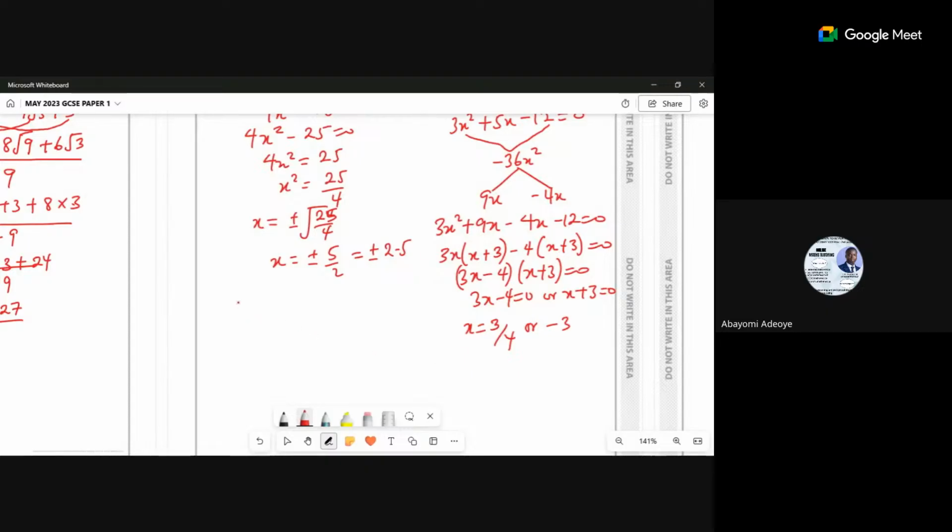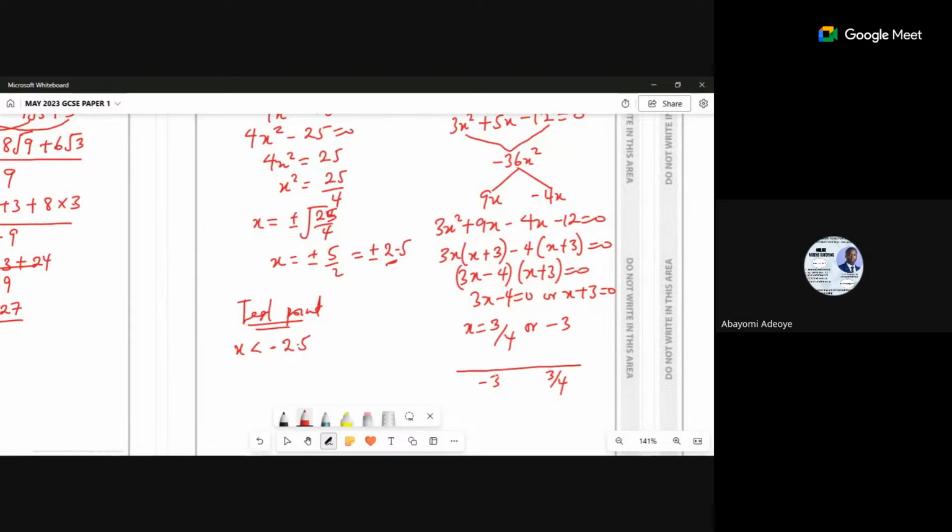So you have to do your test points now. Now for the first one, x is less than minus 2.5. That's for this. Then for the second one, the test point is negative 3 and 4 over 3. So let's see where the solution lies. So the solution lies here or here.